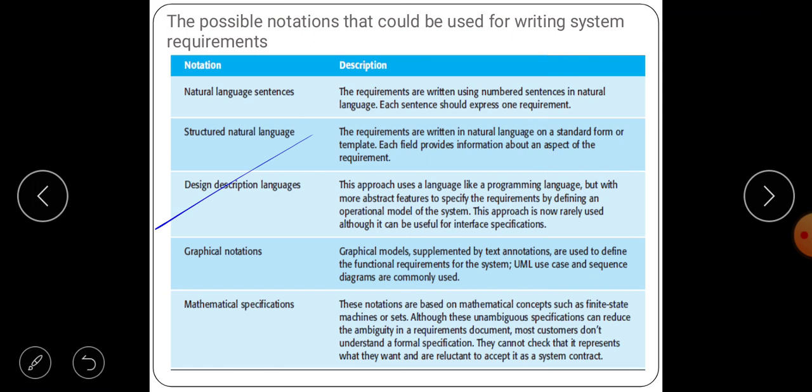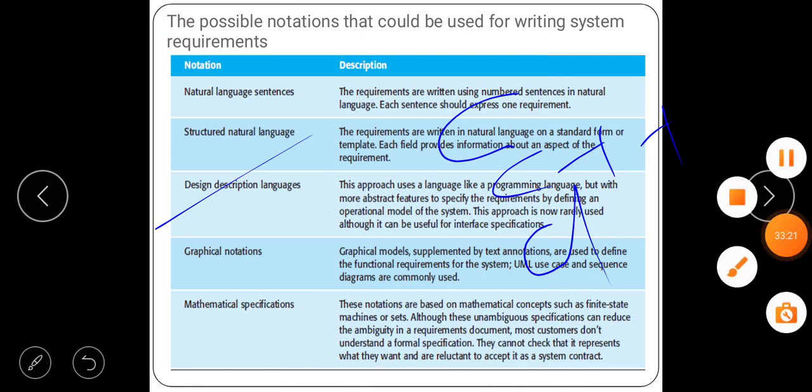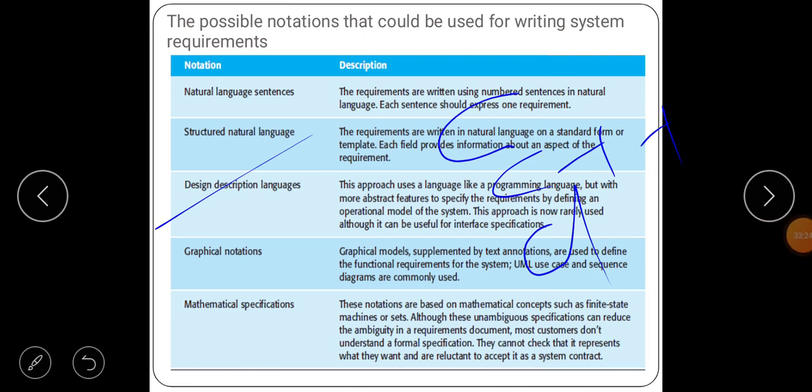Means here we are using a language like a programming language, like C, C++, Java. Okay, but this is rarely used these days because C is not understood by our normal users. So it is very rarely used nowadays.